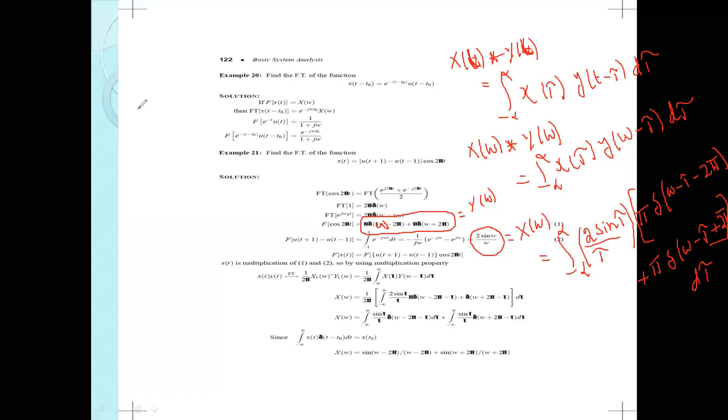Integral from minus infinity to infinity of 2 sine tau by tau into pi delta of omega minus 2 pi minus tau, into d tau. This is the first function.